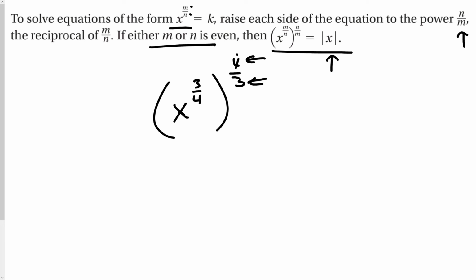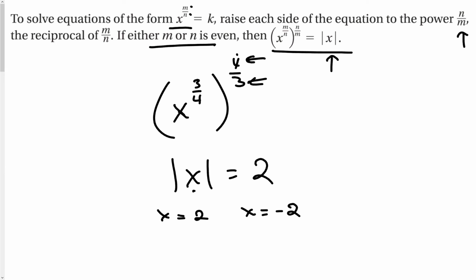So if we remember how to solve the absolute value equation of x, if we have something like that, we split it into two separate equations. Because inside of here could be a positive 2 or a negative 2. Let's see what I mean by this.